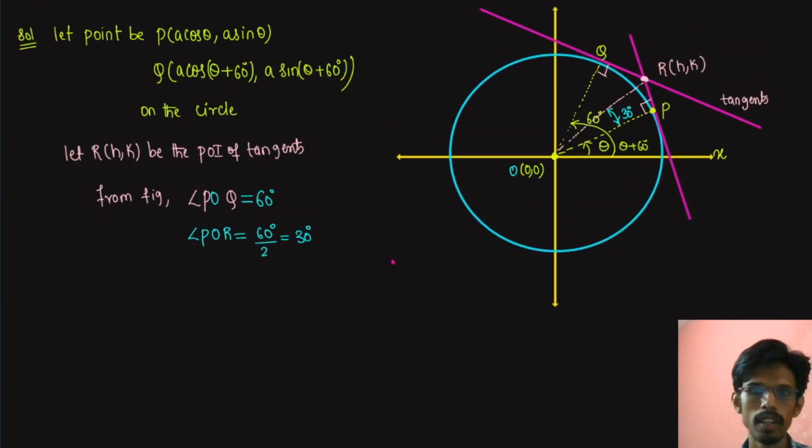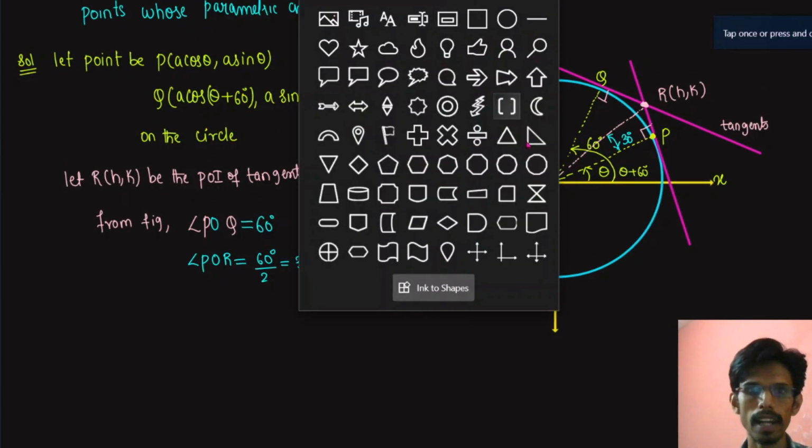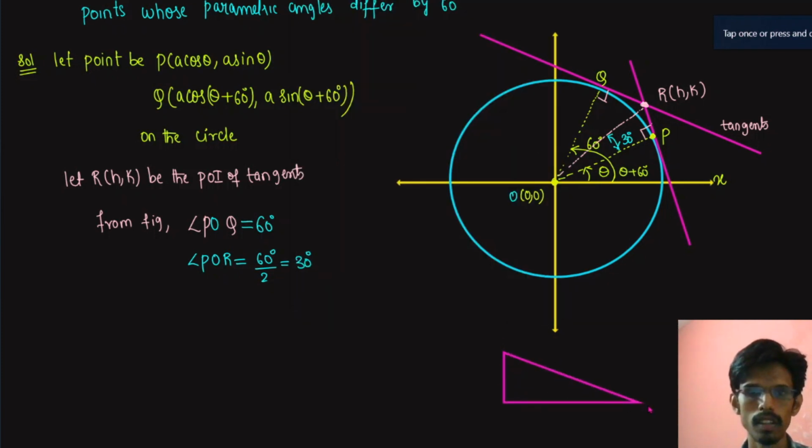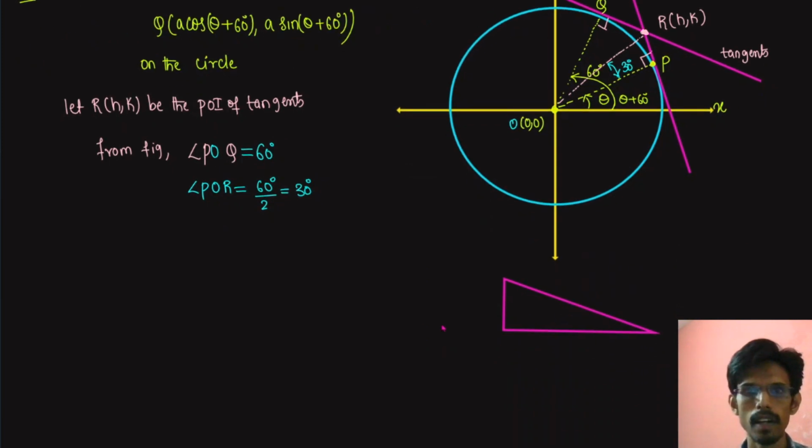Now let me take that right angle triangle separately here. At 90 degrees we have P, above this we have R, and here we have O.